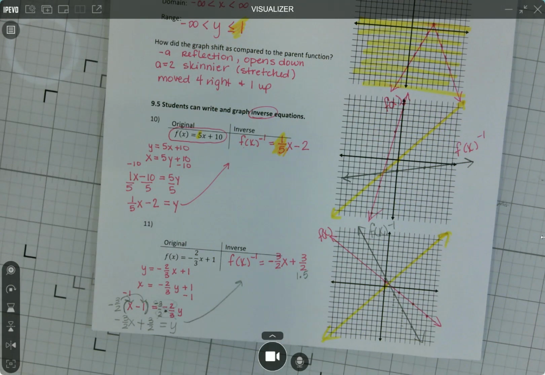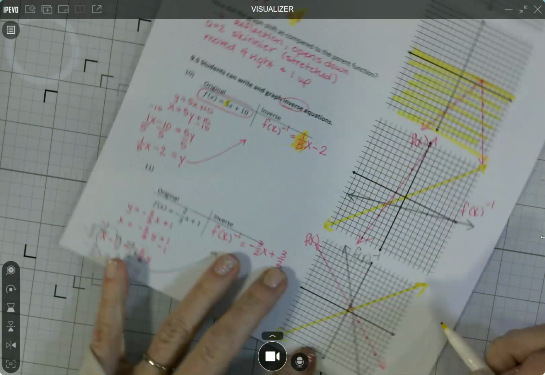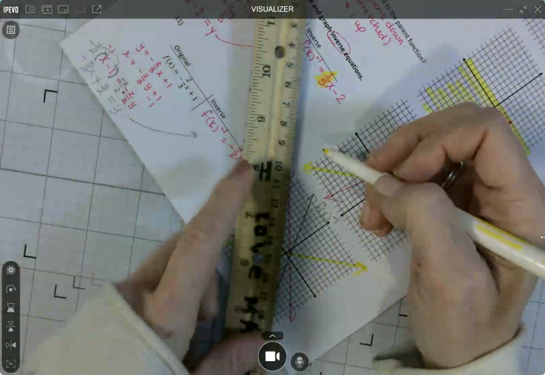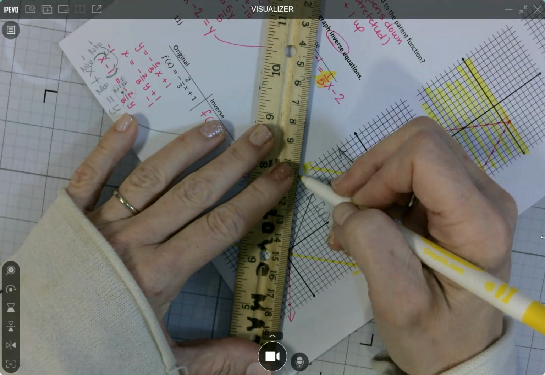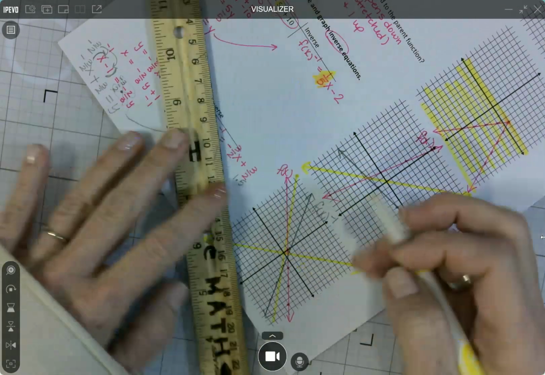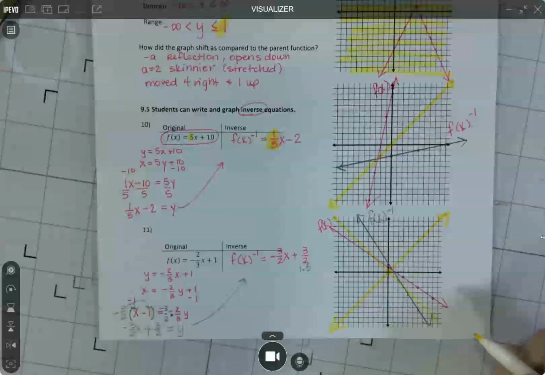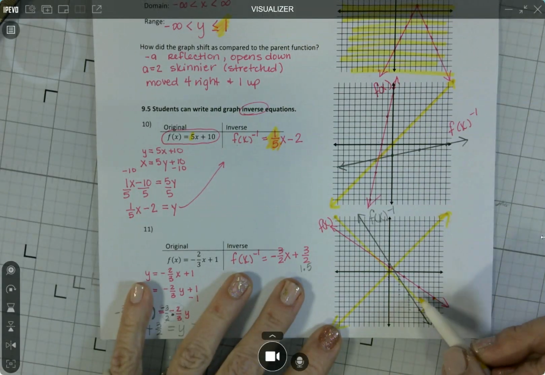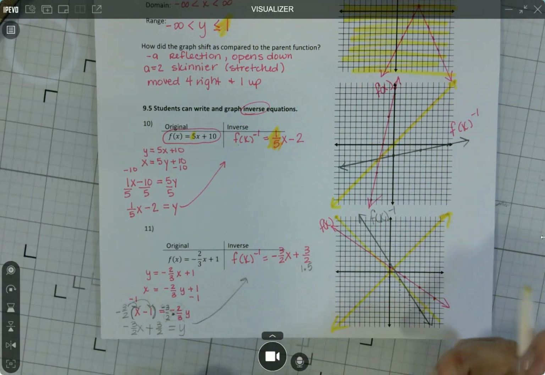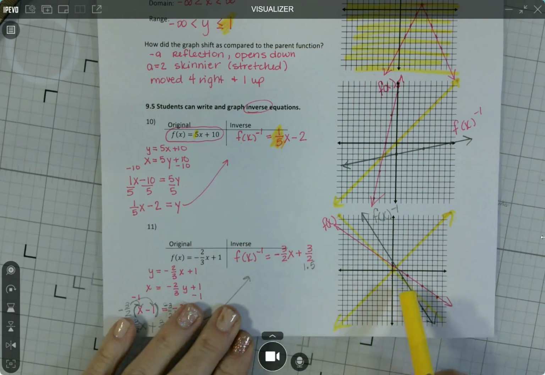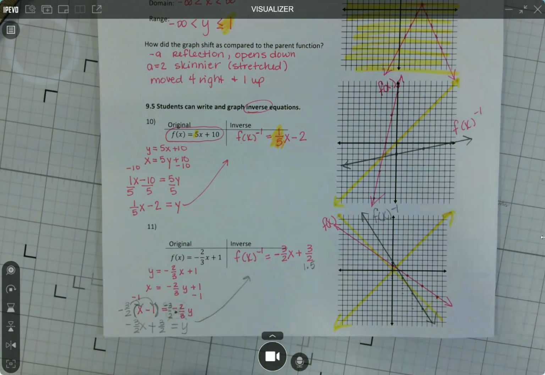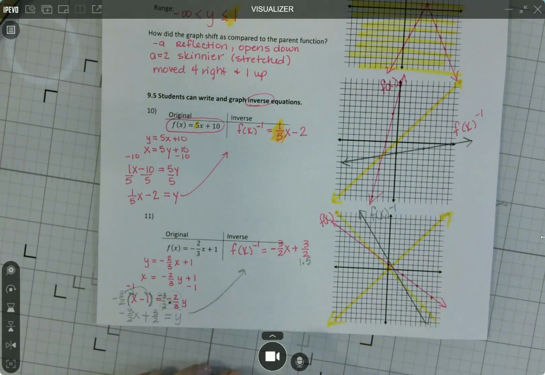All right. There we go. And actually, I think because it's negative, I should have drawn it this way. Let's draw it this way. All right, so we've got our little reflection. This one's kind of a weird one. So it doesn't look very good right now, but this is the reflection.